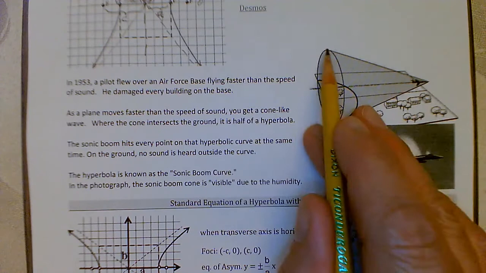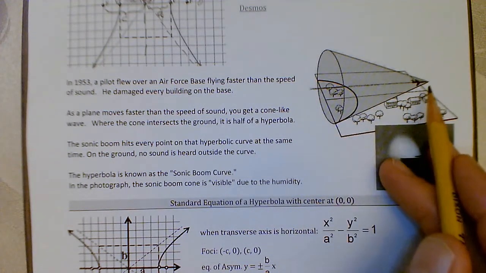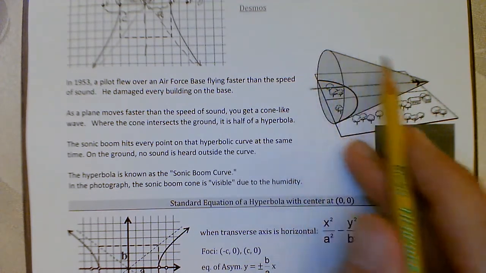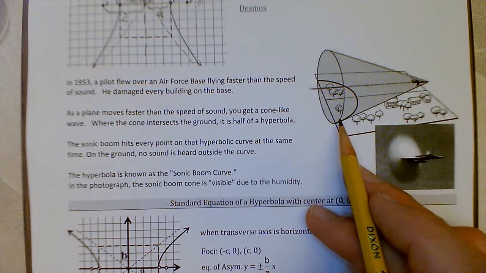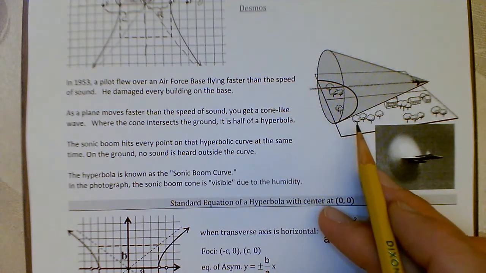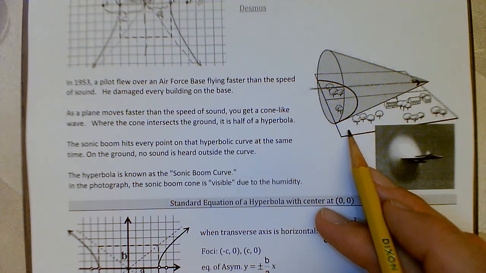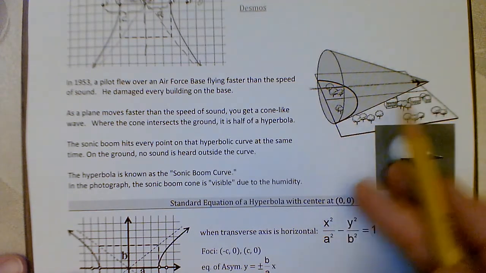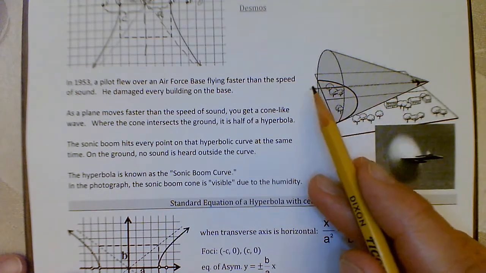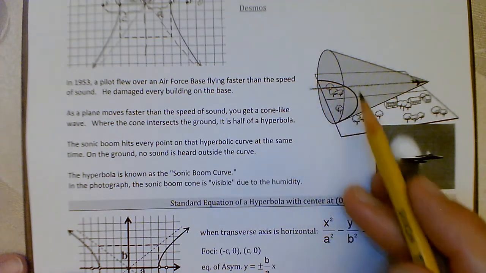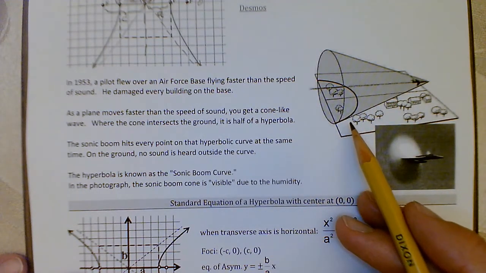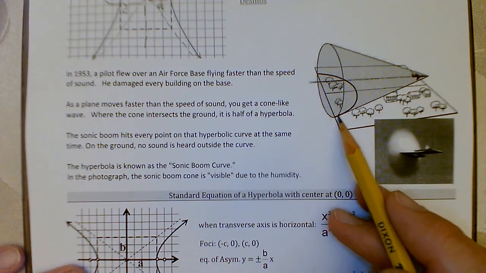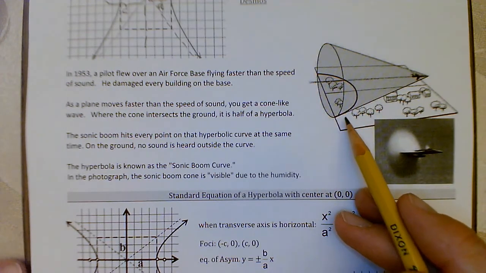And it ends up being a cone that's created by the leading tip of the plane. And then what happens is, this is a cone of energy, and it interferes with the Earth, basically assuming the Earth is flat, and it's not a bad approximation, assuming you're looking at just a small portion of the planet. So you think of it as a plane. And then the intersection of that plane with that cone, as we saw the other day when we first started talking about conic sections, that intersection would be a curve, which is a hyperbola.